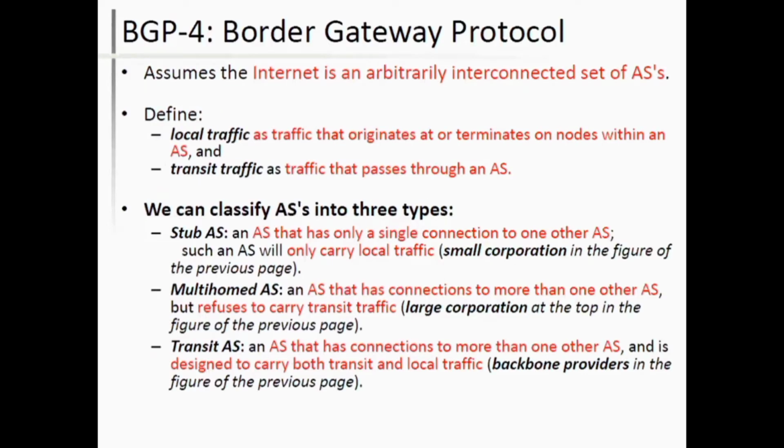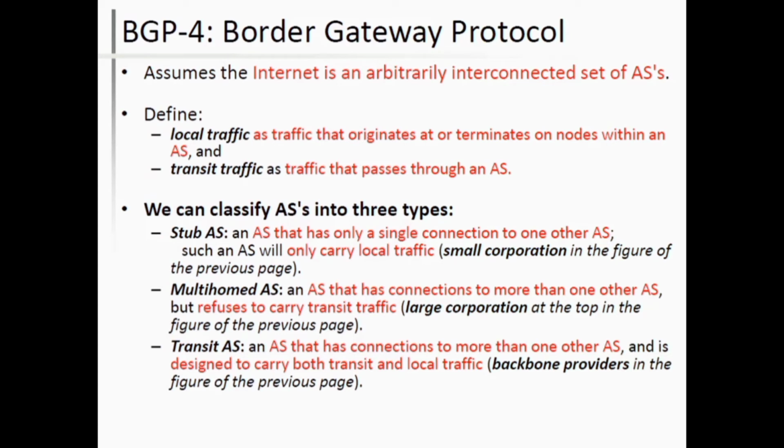Furthermore, to get a better sense of how we might manage routing among the complex interconnection of autonomous systems, we can start by defining a few terms. Here we define local traffic and transit traffic.